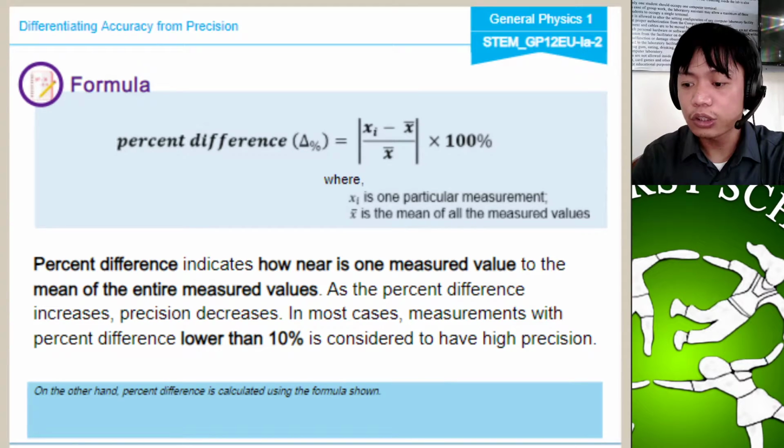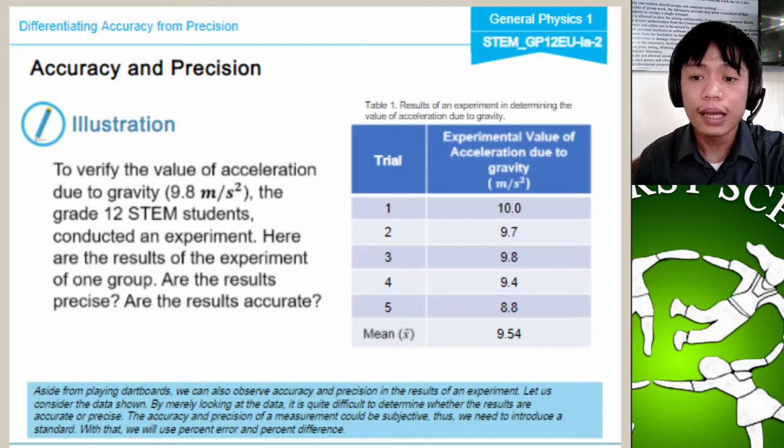Basically, balik tayo dito. Let's just add all the given values, and after getting the sum of it, you can just divide it by 5 to get the mean.